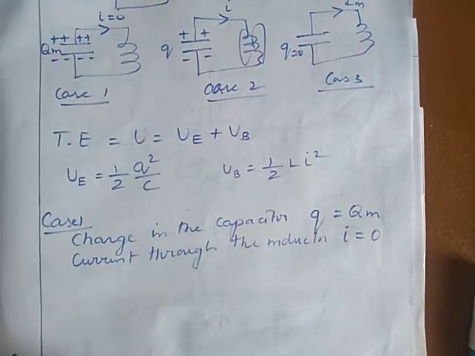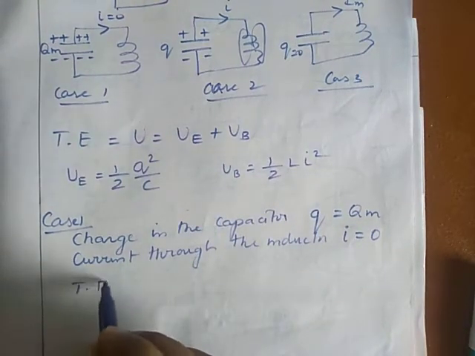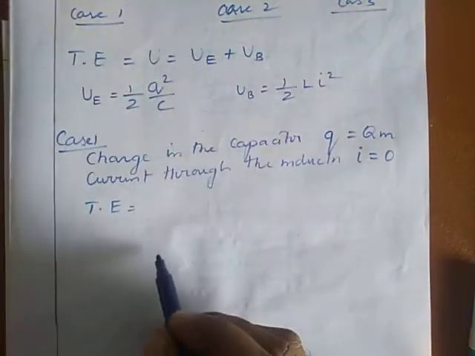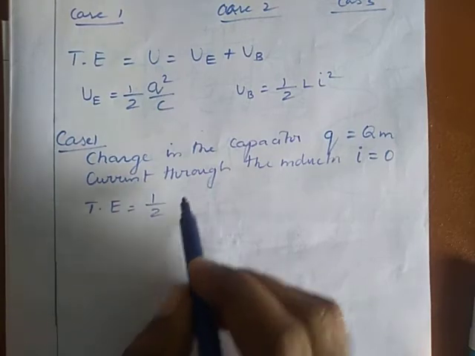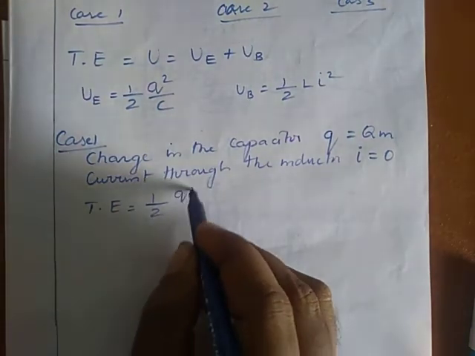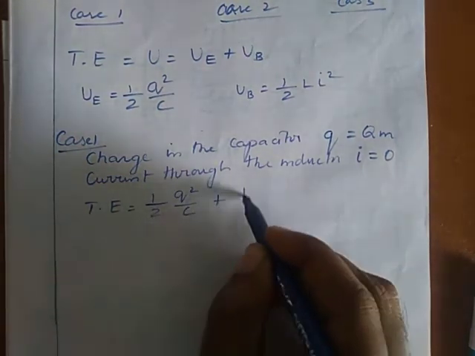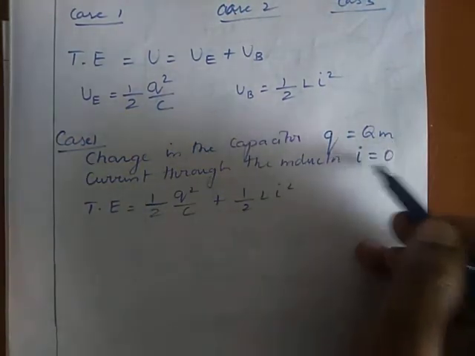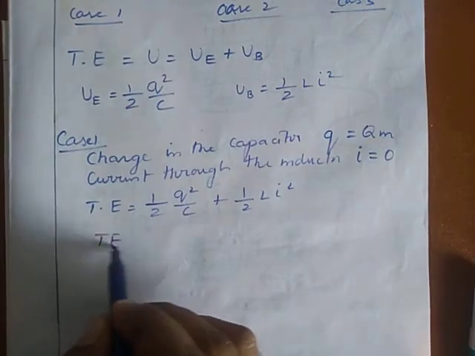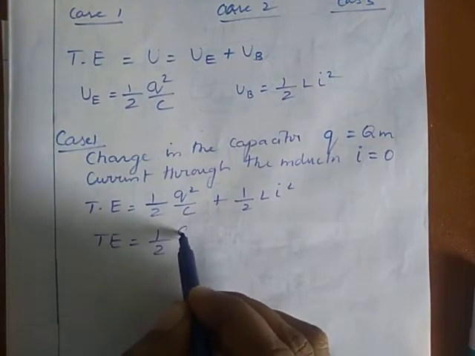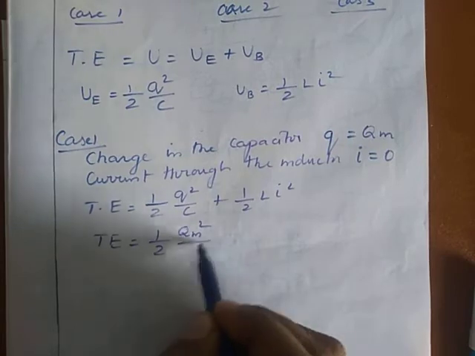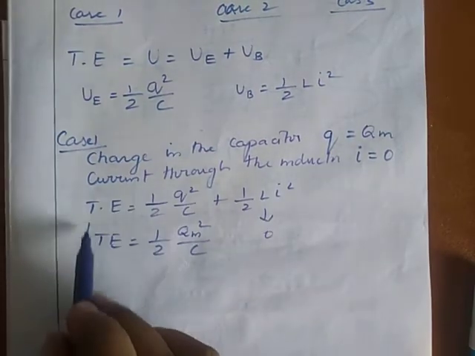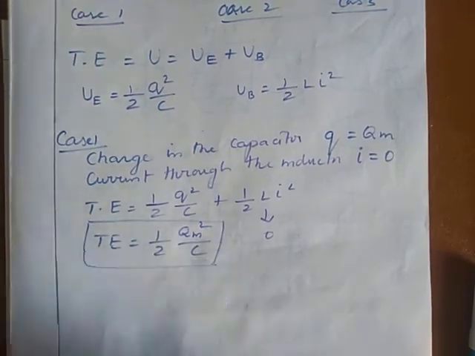Then the total energy is UE plus UB, that is, 1 by 2 Q square by C plus 1 by 2 L i square. Substituting Q as Qm and I as 0, the total energy becomes half Qm square by C, and this term becomes 0. This is the total energy for the first case.